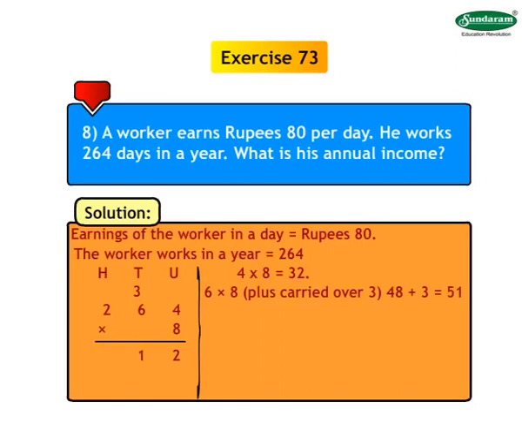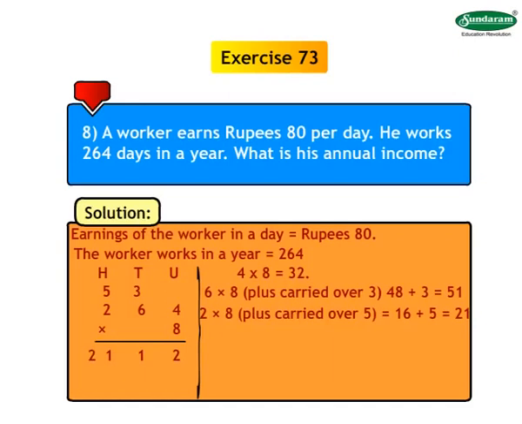Write 1 to left of 2 in answer place. Carry over 5 in hundreds place. In hundreds place, 2 into 8 plus carried over 5 is equal to 16 plus 5 is equal to 21. Write 21 to the left of 1 in answer's place.